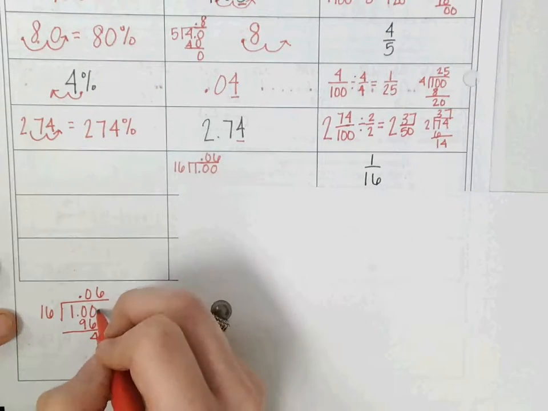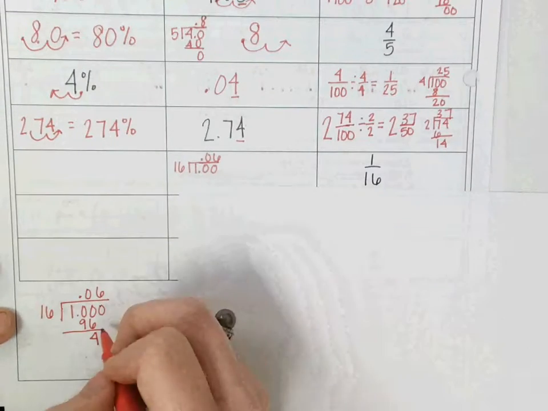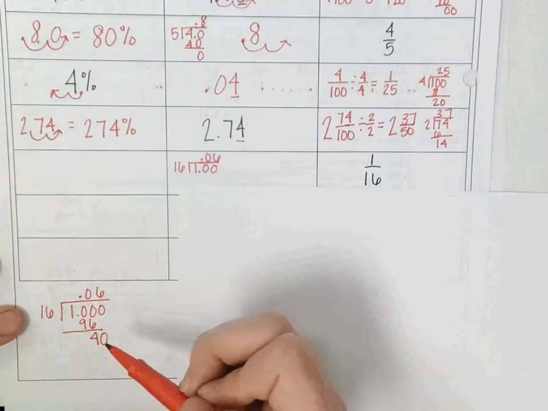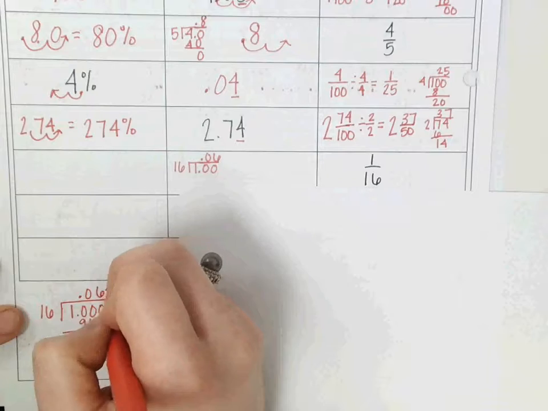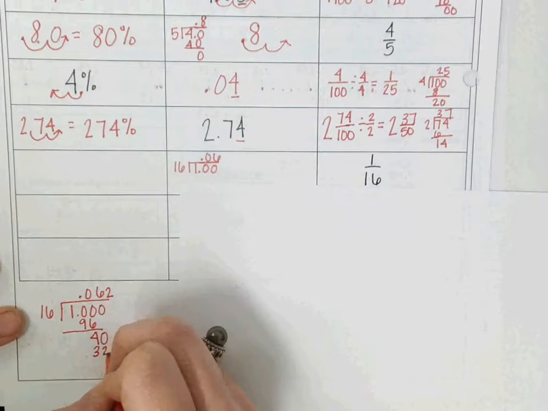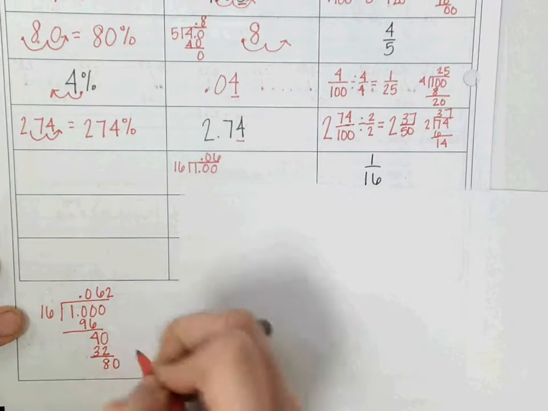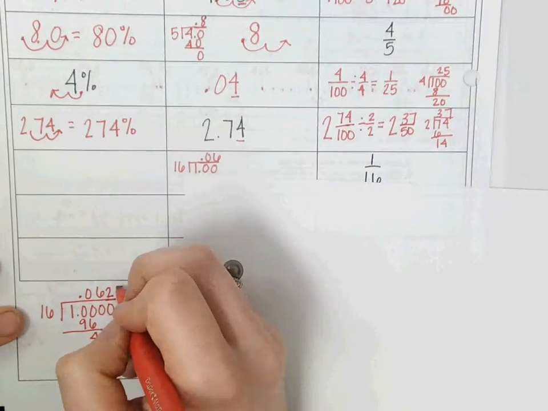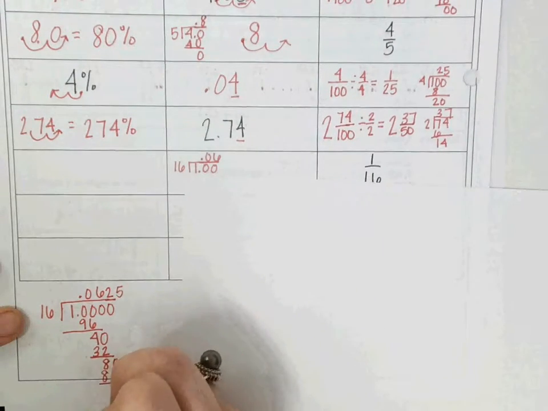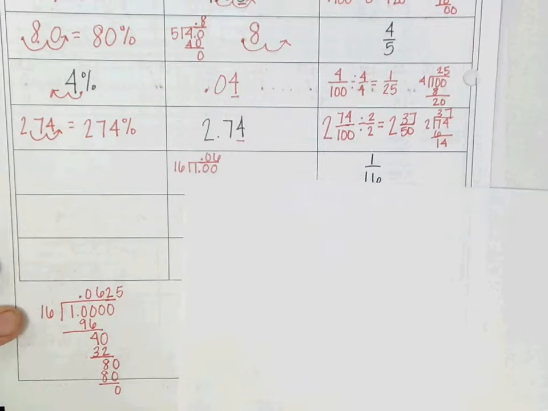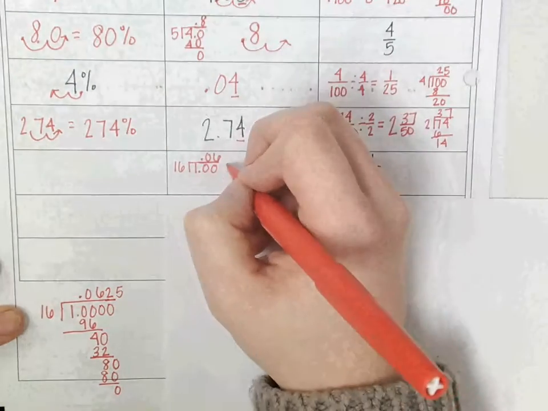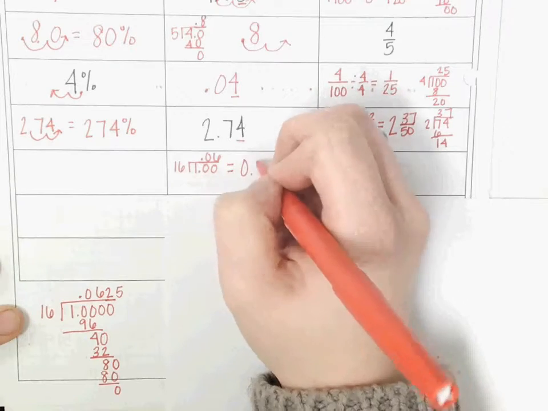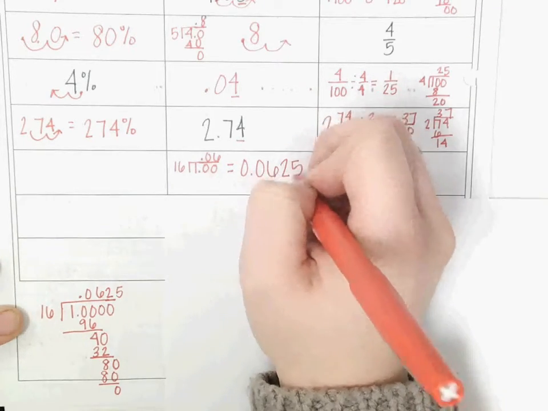I drop down a 0. 16 goes into 40 twice. 2 times 16 gives me 32, so I'm left with 8. Again, I drop down another 0. 16 goes perfectly into 80 5 times. So the decimal I get here is 0.0625.